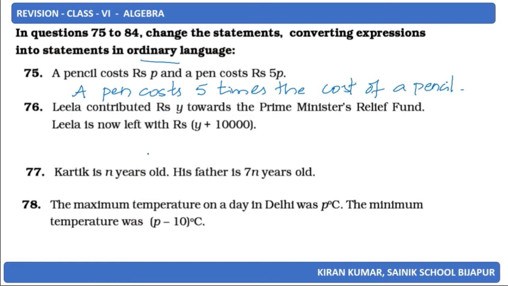Statement number 76. Leela contributed rupees y towards the Prime Minister's Relief Fund. Leela is now left with rupees y plus 10,000. Now let us make this an ordinary statement. Leela contributed rupees y towards the Prime Minister's Relief Fund. Now she is left with rupees y plus 10,000.